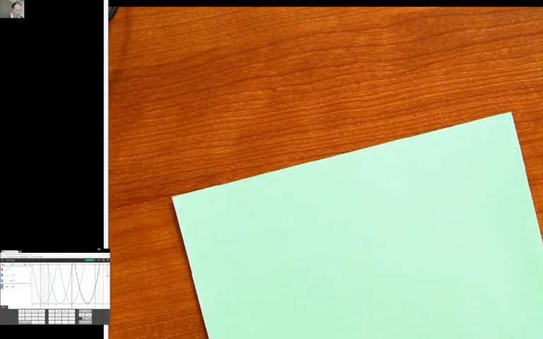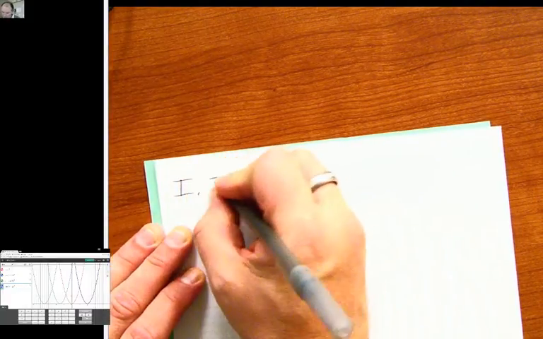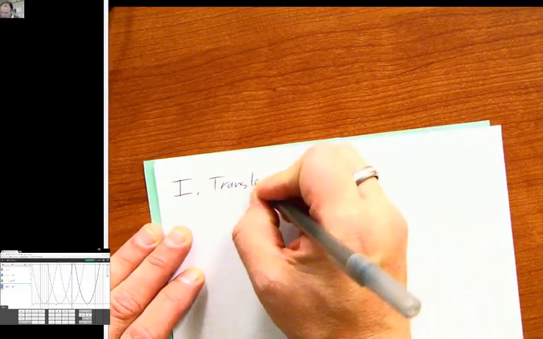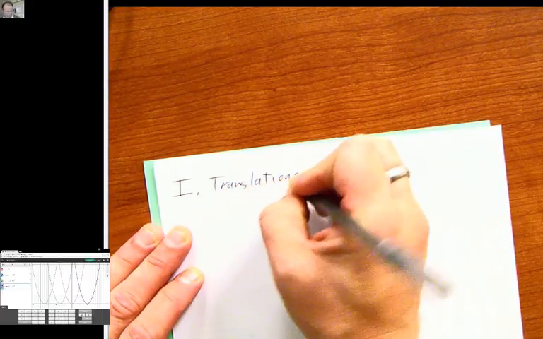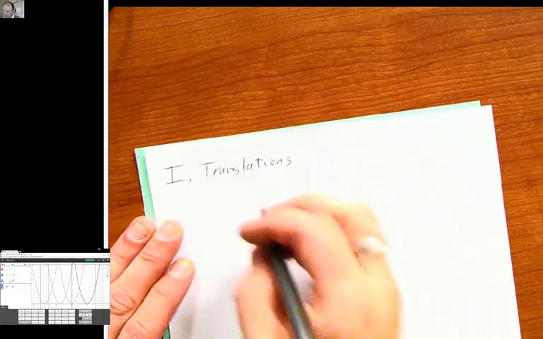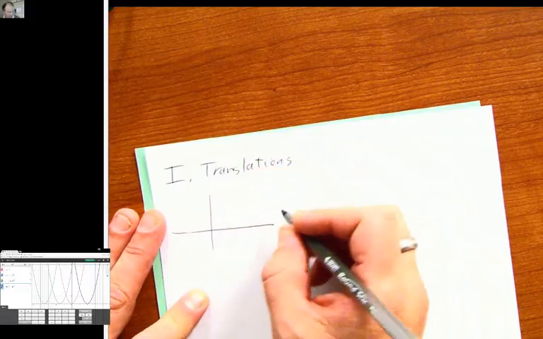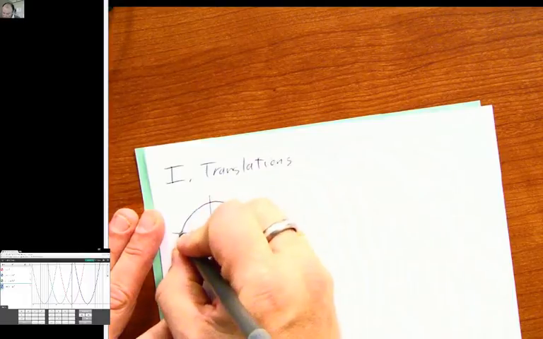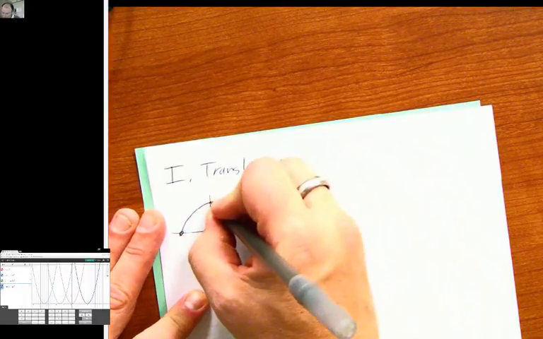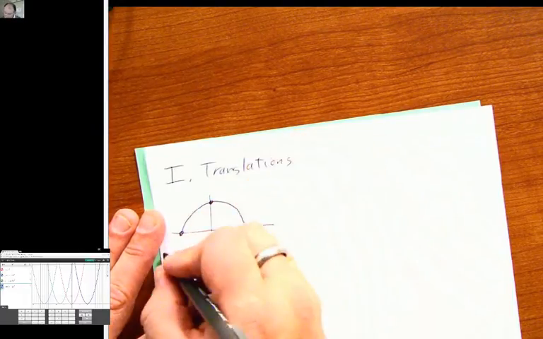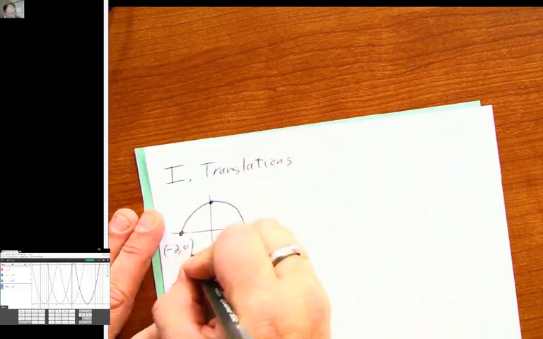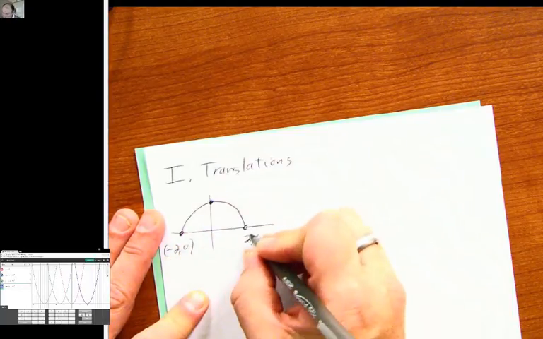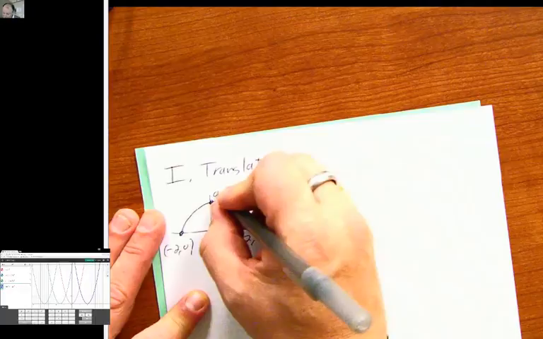My first examples involve a graph, and this is just doing plain old translations. Let's say that they give me some f of x graph that looks like this, and the key 3 points are negative 2, 0, 2, 0, and 0, 3.